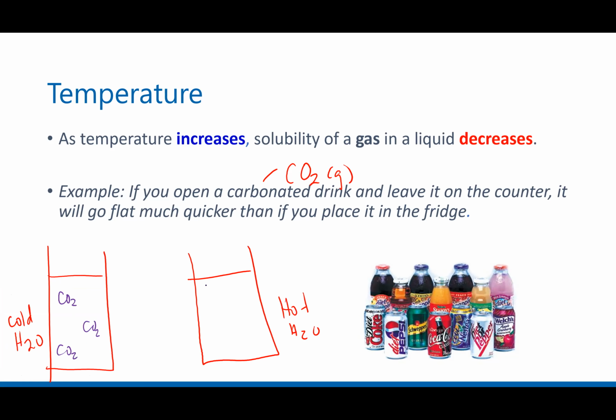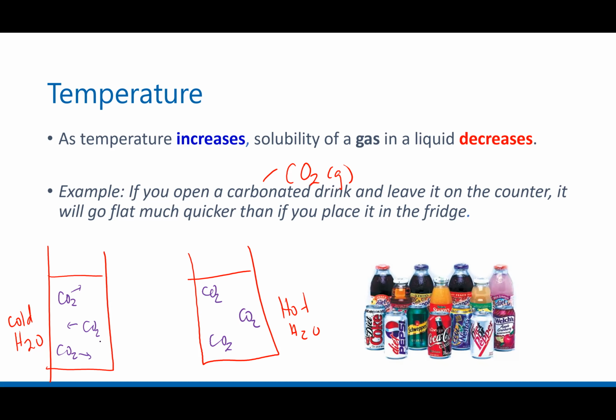Okay, so I have cold water and hot water. They both have CO2 in them. Remember that temperature is a measure of kinetic energy, so the speed of the particles. So in cold water, the particles are slow. The gas molecules just move around very slowly.